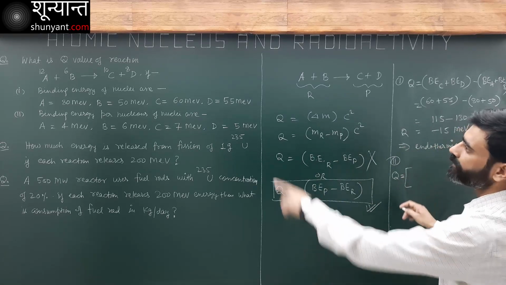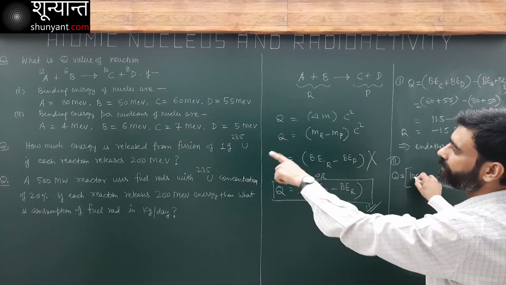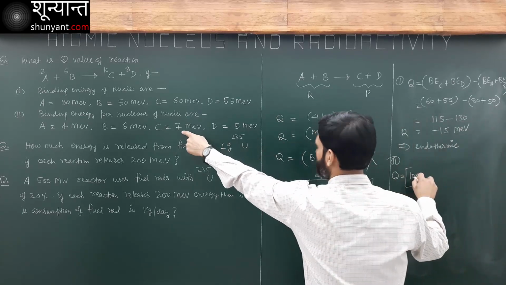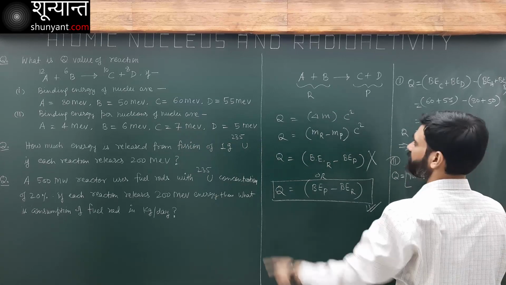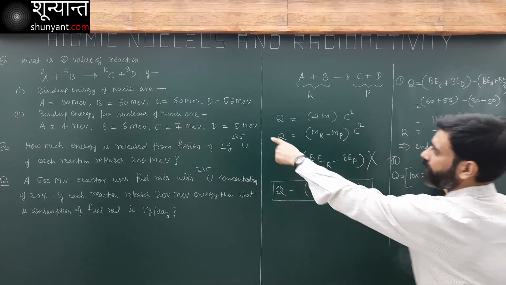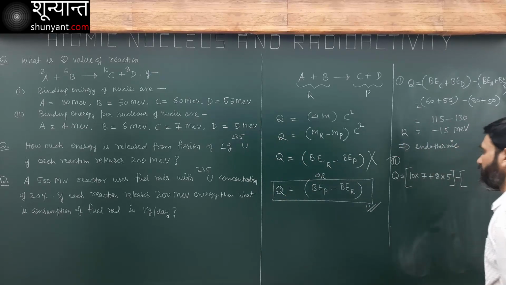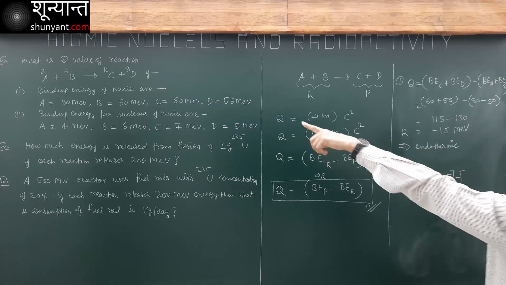Product C is 10, so 10 times binding energy per nucleon, which is 7 here, plus 8 times 5 here, minus reactant.